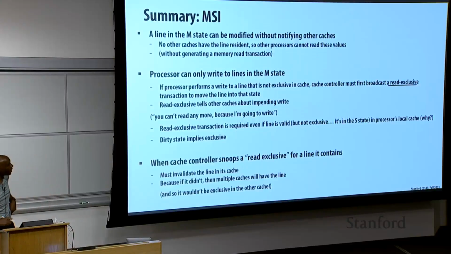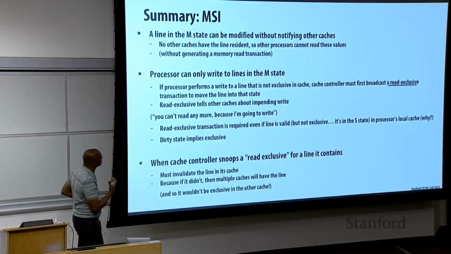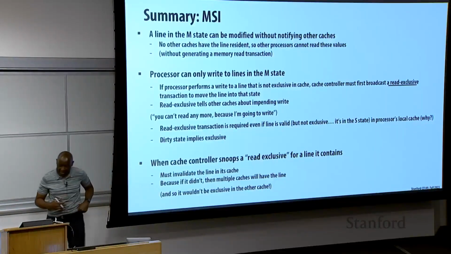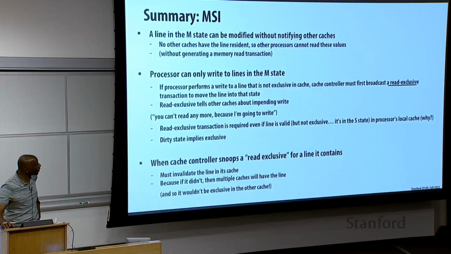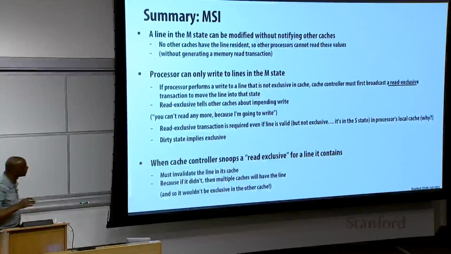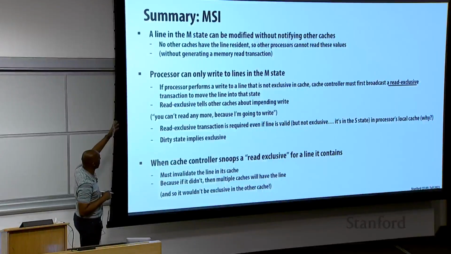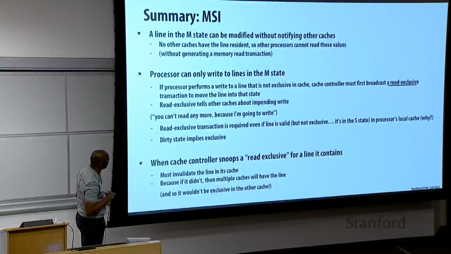All right, so in summary, the way that we're going to do MSI is we're going to keep these three states. We're going to make sure that only one processor can be in modified state, and in modified state, this is the only processor that can write in the system to a particular cache line.